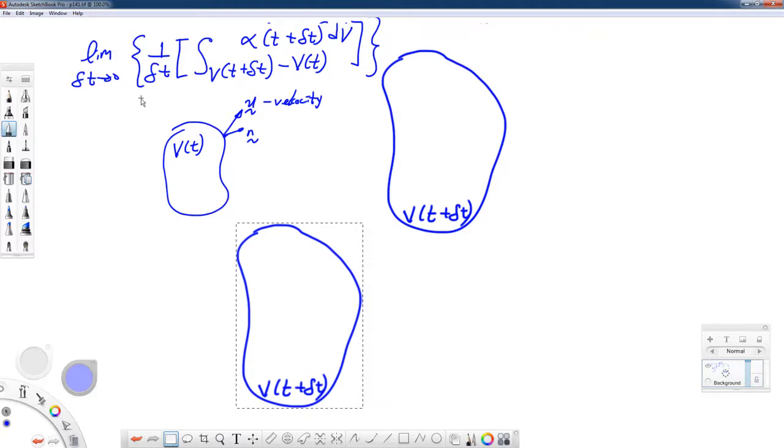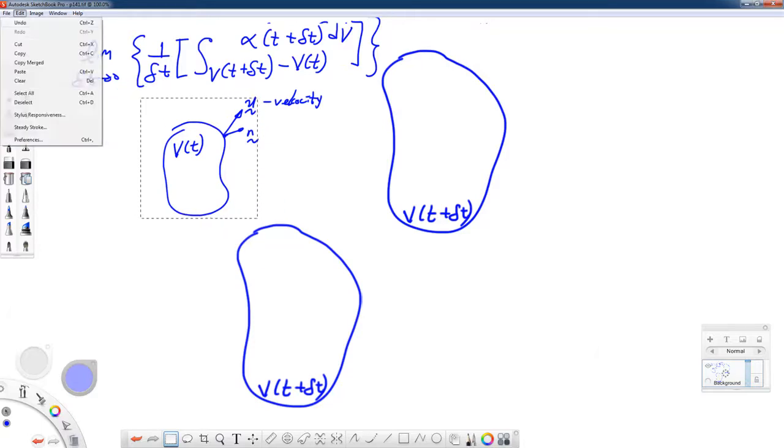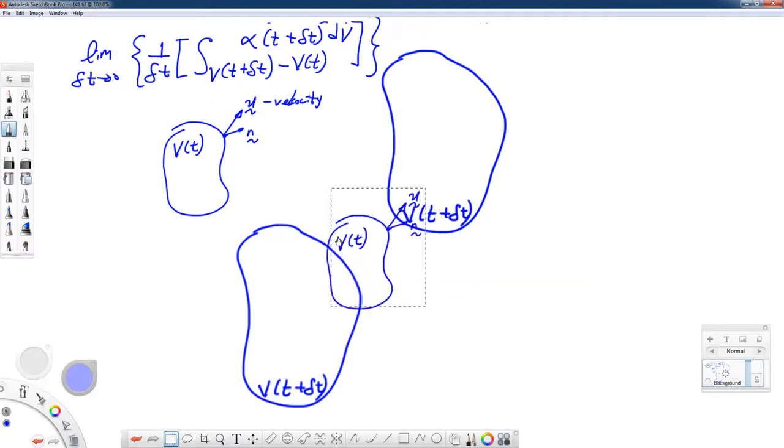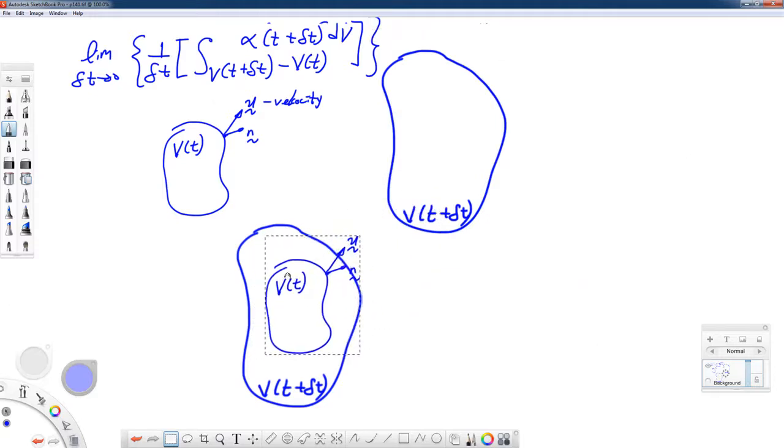And now I'm going to copy this one, and I'm going to place it inside of here.